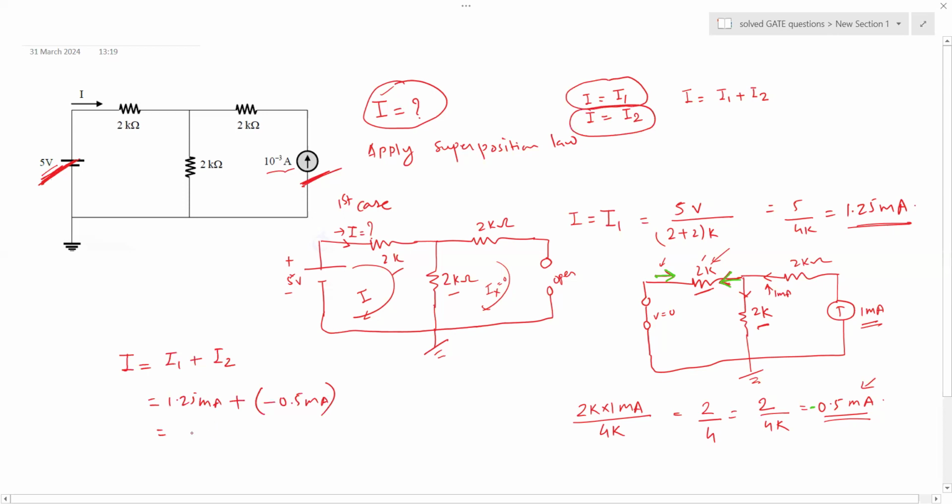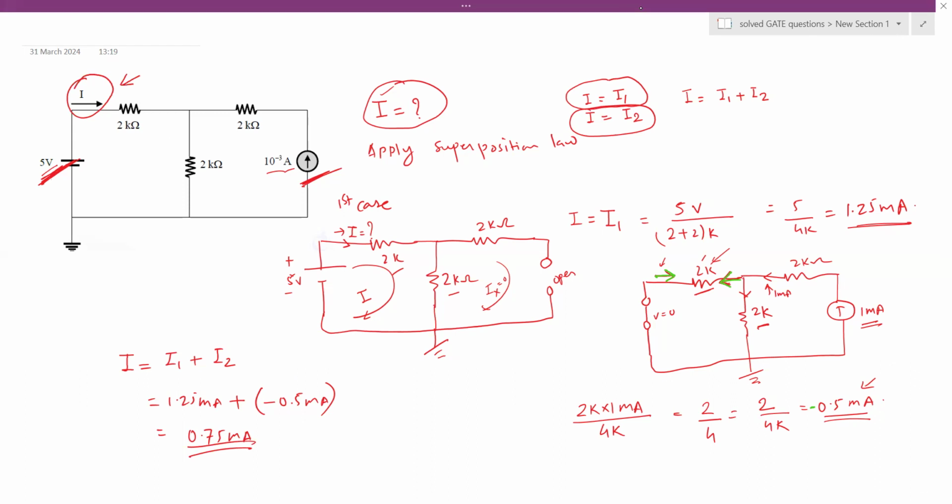That comes to 0.75 milliampere, the current flowing right here. This is the answer. I hope you understood this concept of superposition.